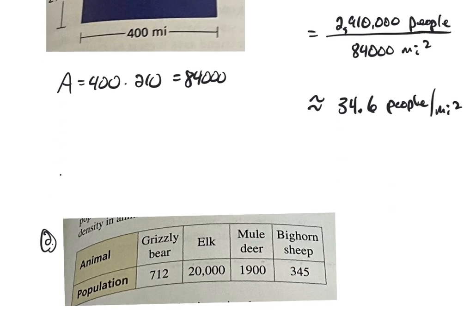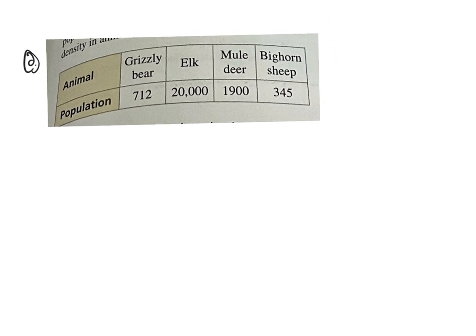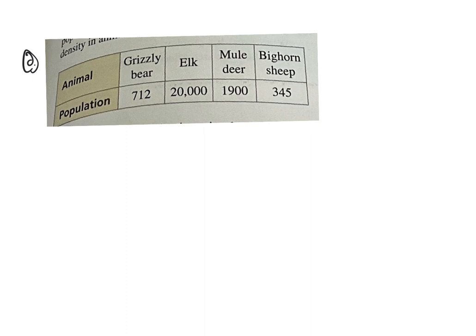Okay? All right. Number 2 gives us some animal information about Yellowstone. It says Yellowstone has an area of about 2.22 million acres, and then they show the approximate populations for some of the animals, and it asks us to find a population density for each of these 4 animals. Okay, so what we'll be looking for is population density for grizzly bears.